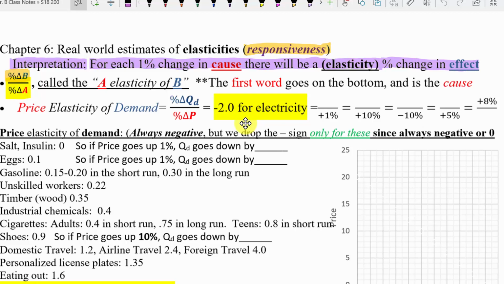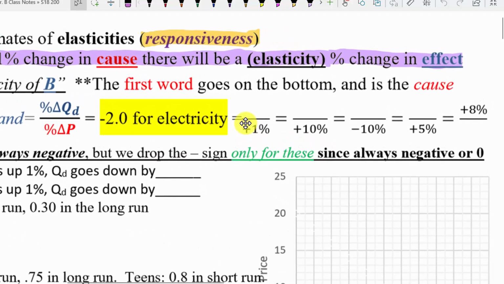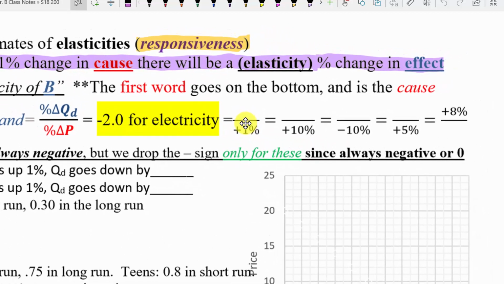That standard interpretation comes from this idea, that if we look at this as a fraction here, if we have a number like -2.0, and we know that's calculated as the percent change in the quantity people did for a certain percent change in price that they observed, then if we put 1% on the bottom, a 1% increase in price, then very simply the number that goes on the top has to be -2%. -2 over 1 gives us that -2.